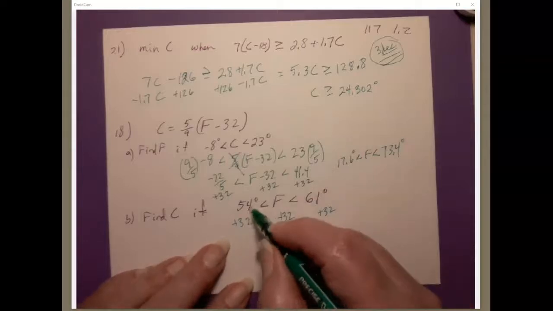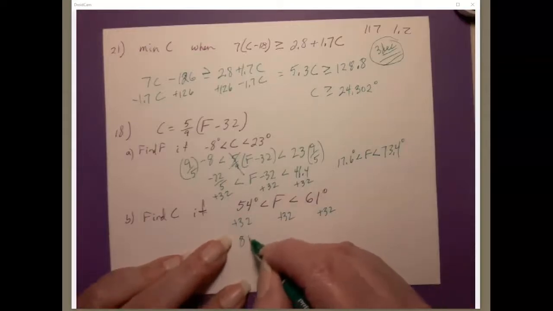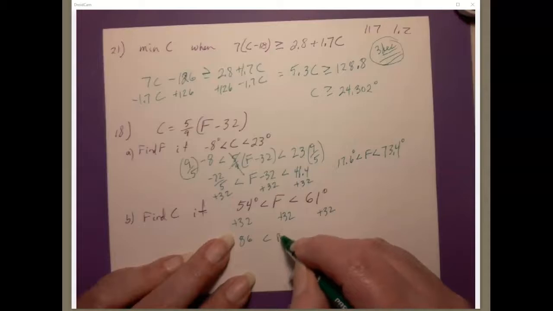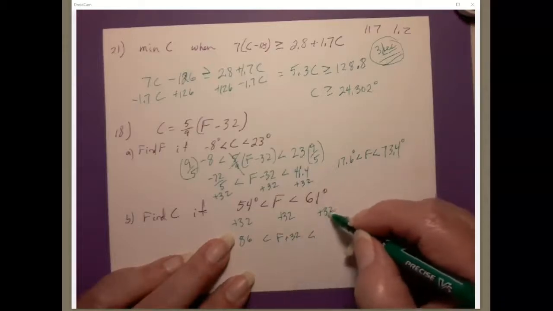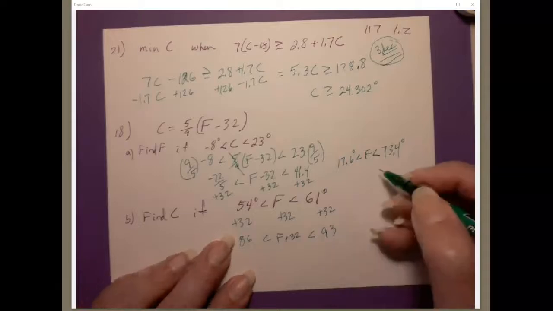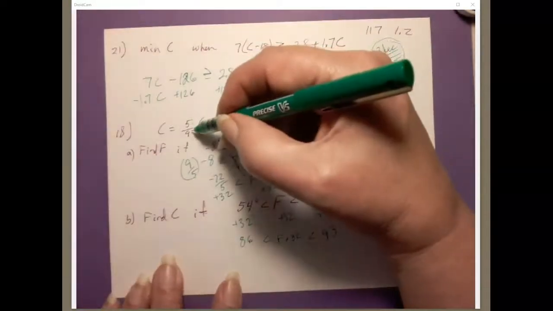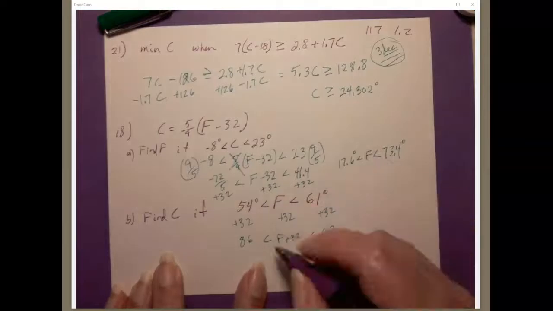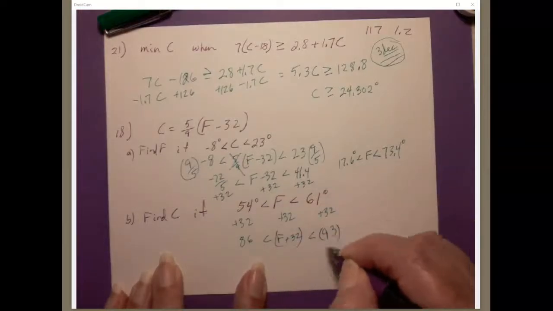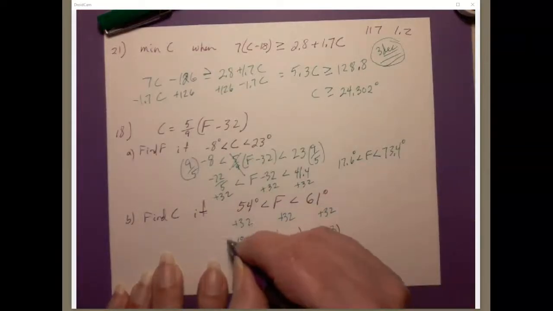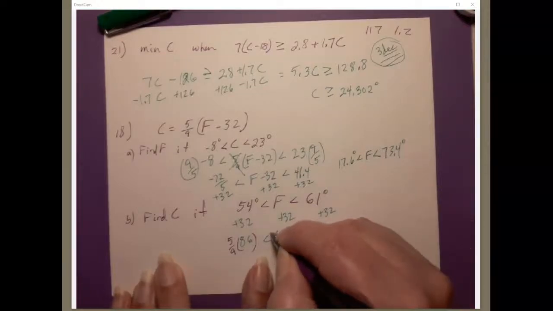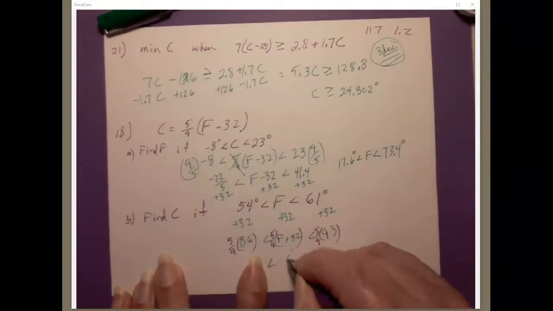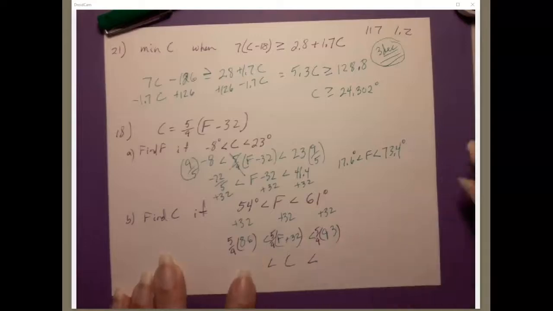So this is going to give me 86 is less than F plus 32 is less than, what is that, 93? And then to get the next part of the formula, I would need to multiply all 3 sides by 5/9. So now I can write that this is C in here.